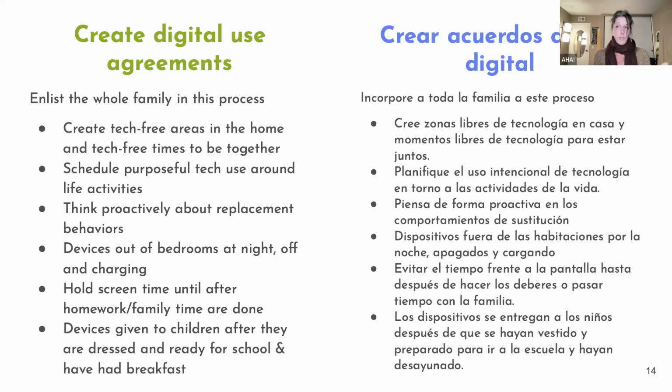One way to handle the mornings is to only give devices to children after they have gotten dressed and ready, and they're ready to head out the door and they've had a healthy breakfast. So things like this, where we delay the tech use and make sure that self-care is happening, are a few things we can think about when we make these digital use agreements.